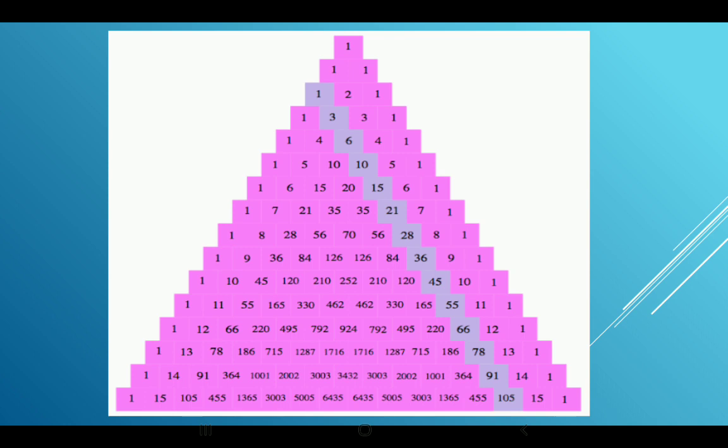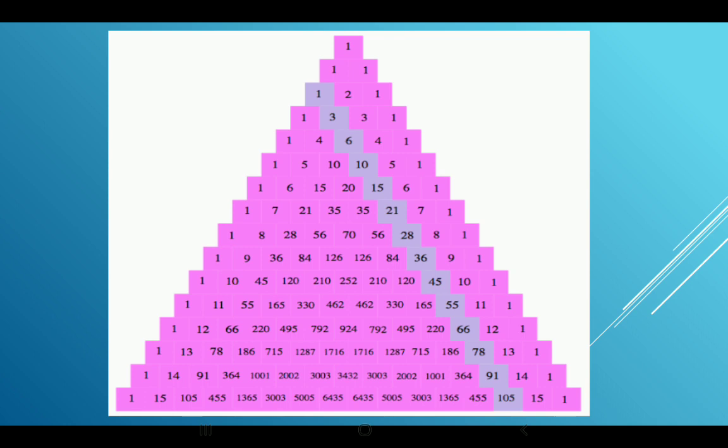Next, yung 28. Yung dalawang number na katabi niya sa dulo, yung 8 at saka 1. So, 8 minus 1 is equal to 7. Ibig sabihin, yung 28 pang 7 term siya. Next, yung 36. Yung dalawang dulo na number is 9 at saka 1. So, 9 minus 1 is equal to 8.